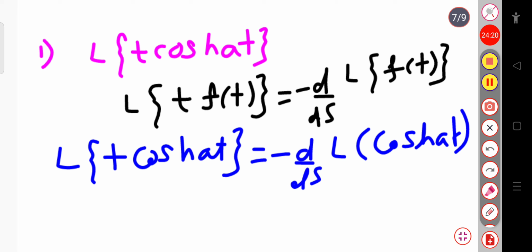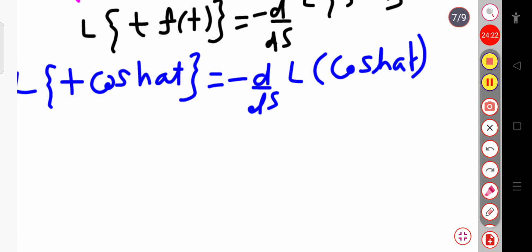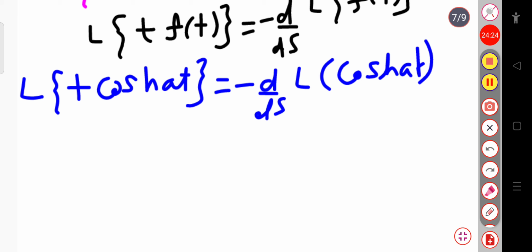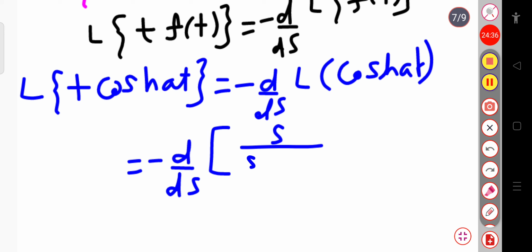And you know the Laplace transform of cosine hyperbolic at is s by s square minus a square. So this will be minus d by ds of s divided by s square minus a square.